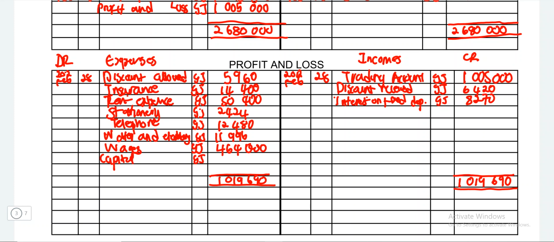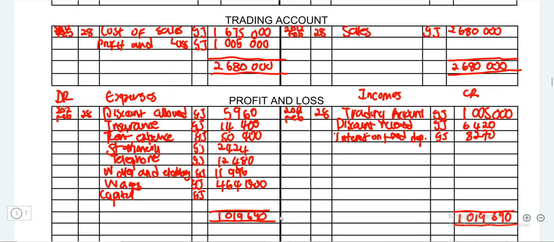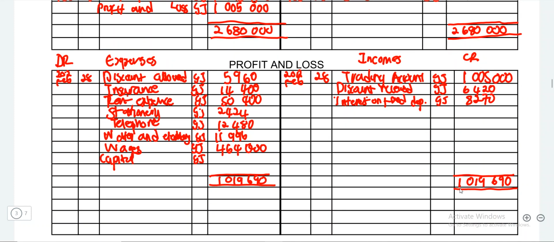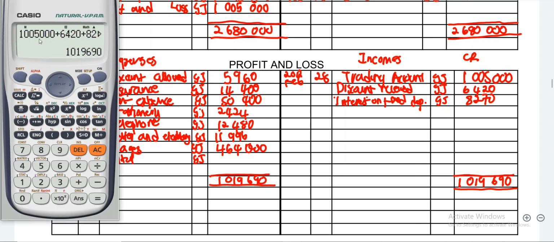I always advise learners to work out your profit and loss first before you go back to the general journal, because on profit and loss, it's much easier for you to figure out that extra money that you are going to take to your general journal. So remember guys, this 1,019,690 is the sum of those three items, right?